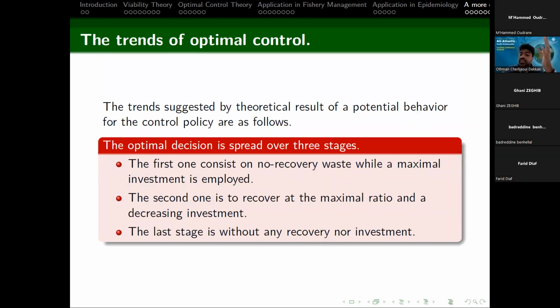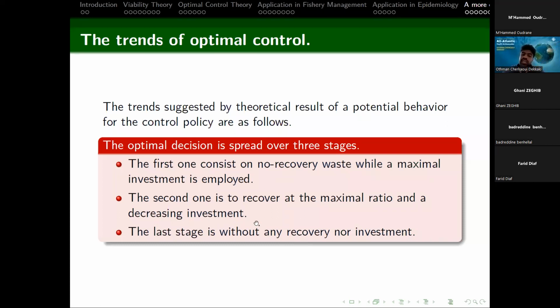The first phase consists of no recovery of waste while a maximum investment is employed, meaning you start the activity by investing a lot of money in it, and you don't do anything else, you just wait until you have enough money, enough experience, enough processing units to start working.